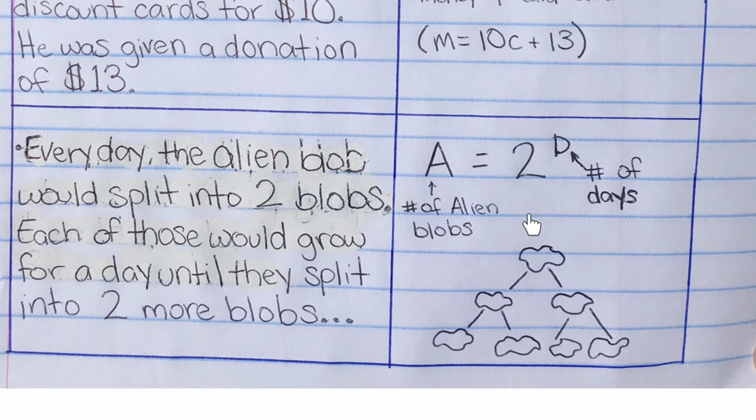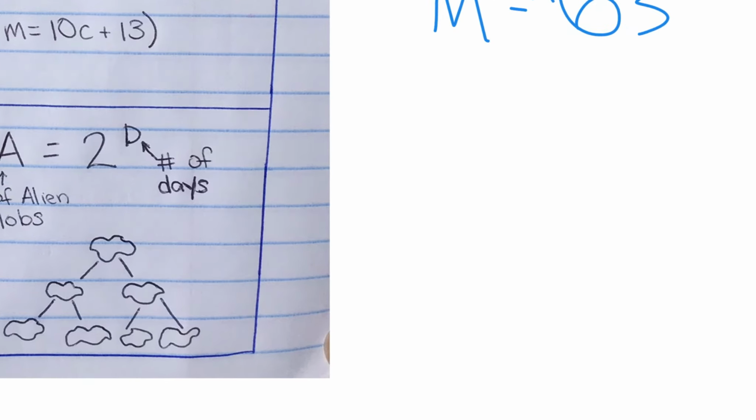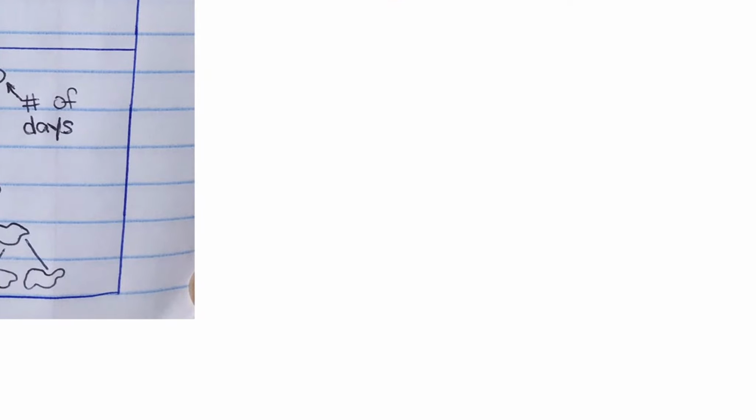So we drew a little picture of that here. Before we get into the expression that we wrote, let's draw another picture so it is a little bit more comprehensible. So if we start with an alien blob here, okay, that's day 0.